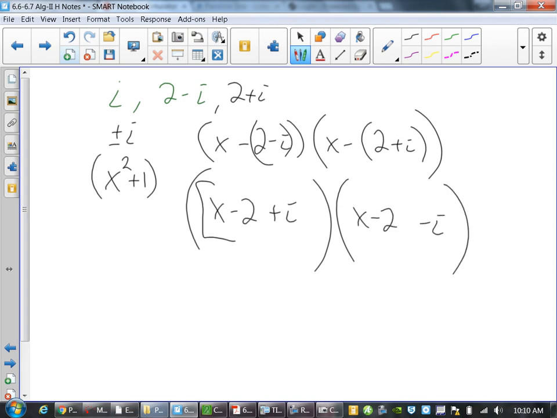That way I can put this part in brackets to make it show that I'm getting the difference of squares. So really all you have to do at this point is square that first term, subtract squaring the second term.